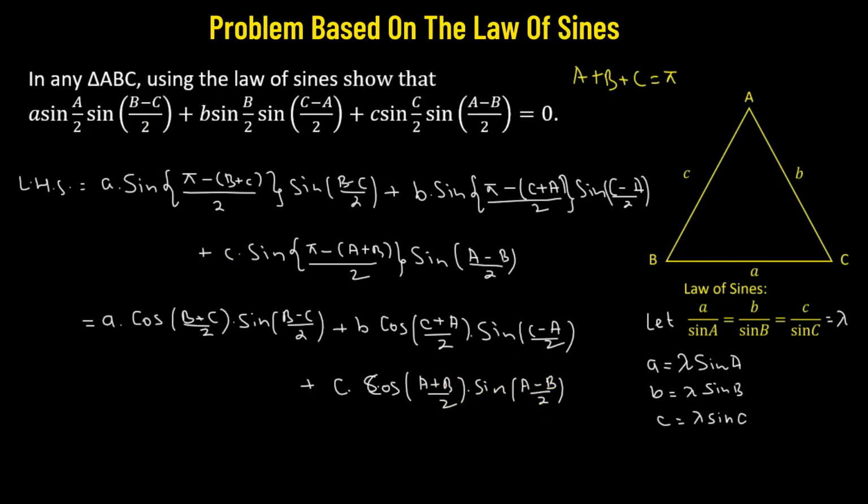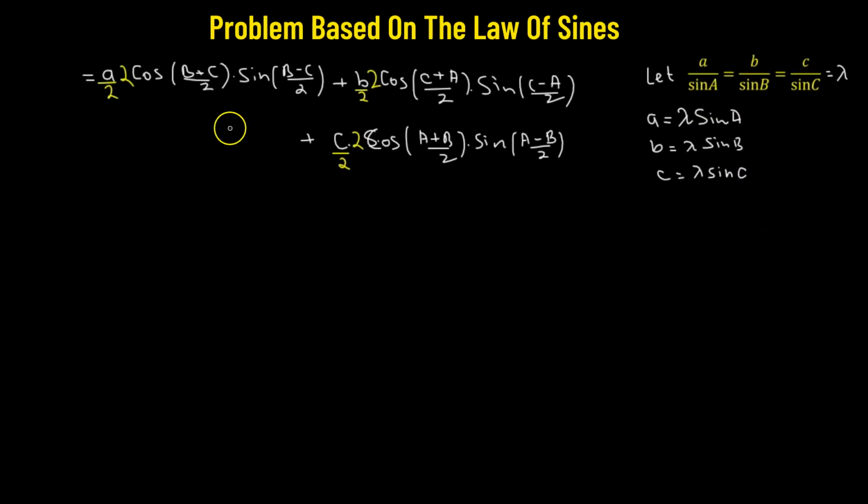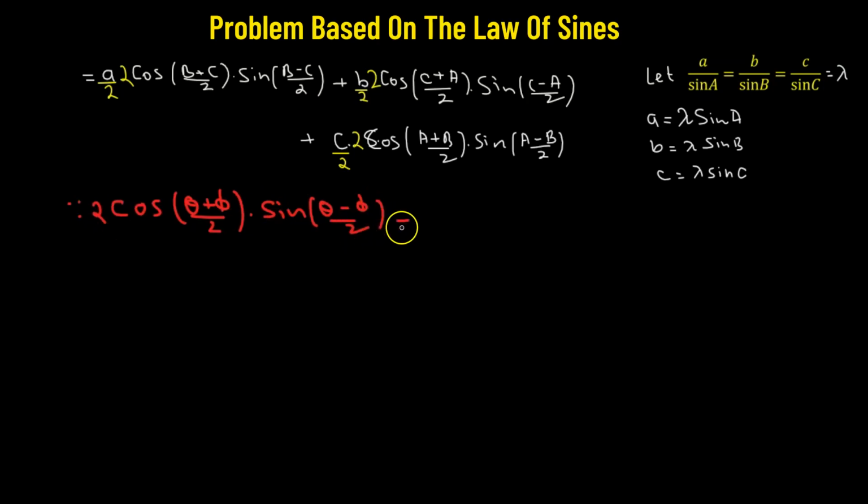Fine. Now we'll multiply each term with the factor 2, but since it's an extra factor, we are also going to divide by 2. So we have a over 2, b over 2 and c over 2. That is done because we can apply the formula that whenever we have cosine of (theta plus phi) over 2 multiplied by sine of (theta minus phi) over 2, and we have a factor 2 multiplied to it, this is equivalent to sine theta minus sine phi.